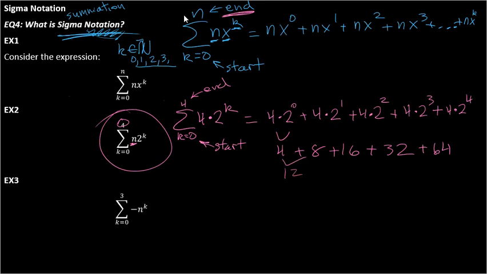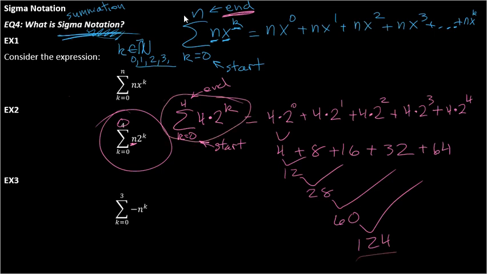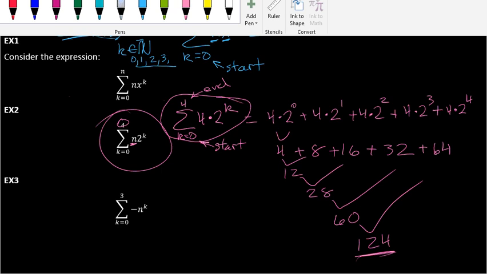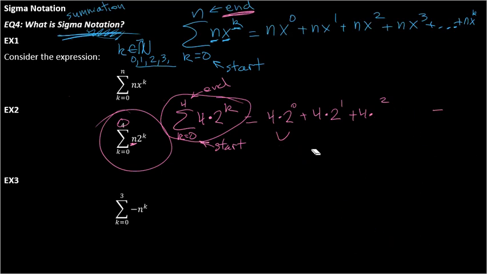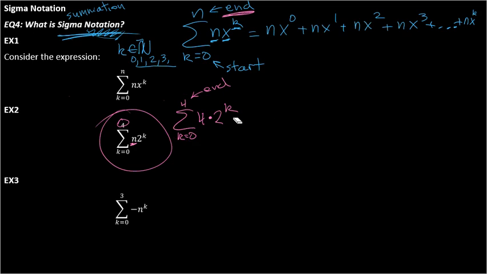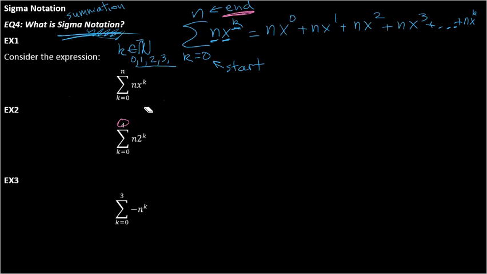So 12, that's going to be 28, that's going to be 60, that's going to be 124. So my answer to this sum would be 124. And it's much shorter to write that using summation notation or sigma notation than it is to write this all out.